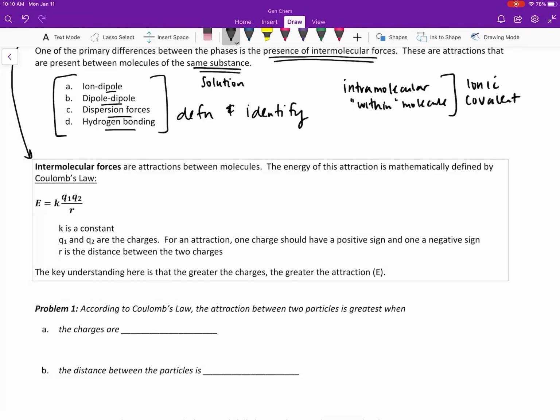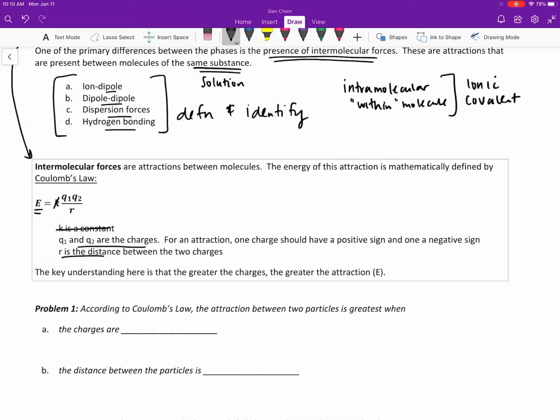So the last thing we started to discuss, and where we'll kind of pick up on Wednesday, is the formula that Coulomb's law brings to the table. It's going to have a constant, which we don't really need to consider, and how it affects the energy because it's a constant. We're going to have charges and a distance variable.